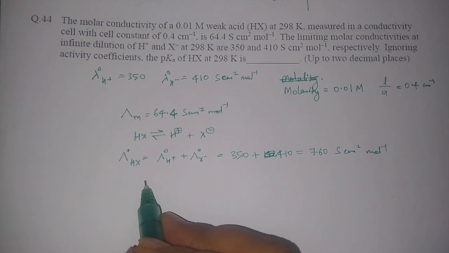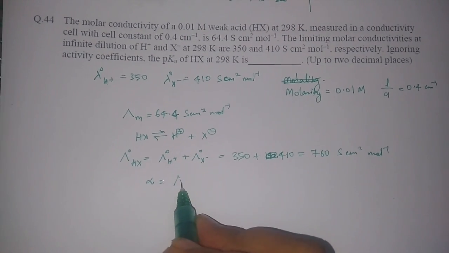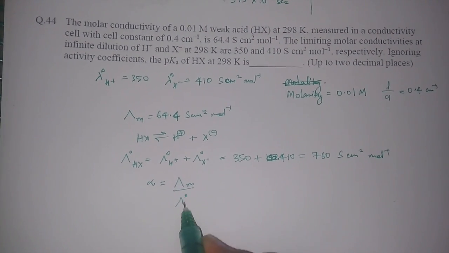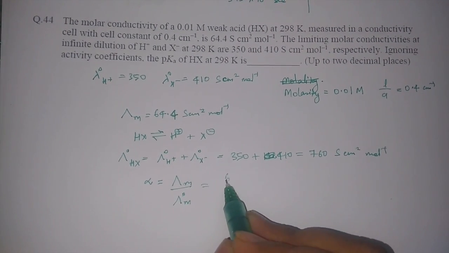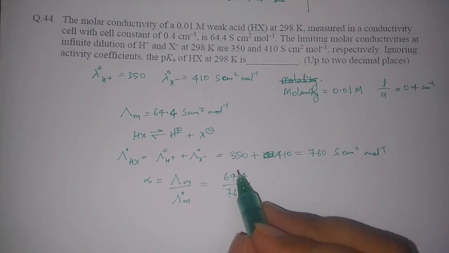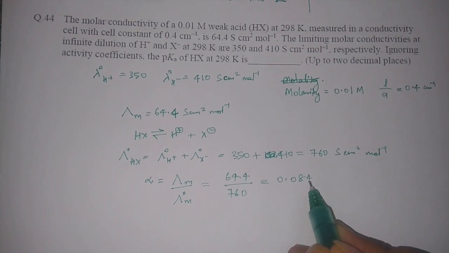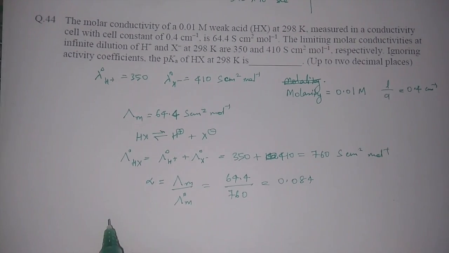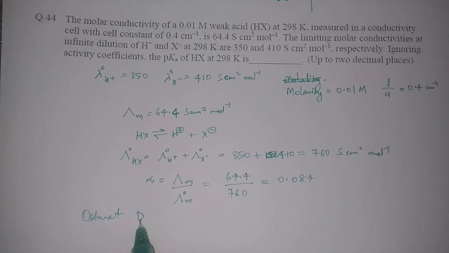Now you have to calculate from here. What you can calculate is the degree of dissociation, that is alpha, and that will be given by lambda m upon lambda naught m. If you put both of these in, you will be getting 64.4 divided by 760. This value was given to you, this you have calculated, and you will get 0.084. So this is your degree of dissociation. Now we will use one equation that is called Ostwald dilution law.